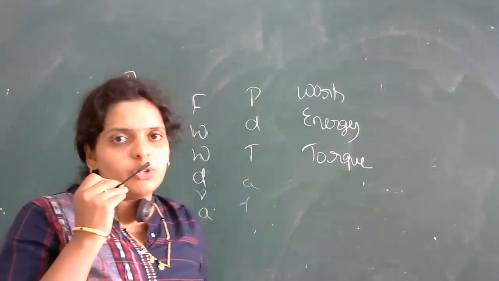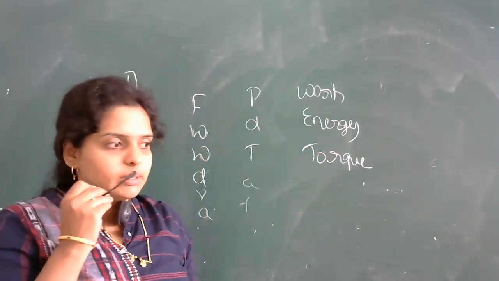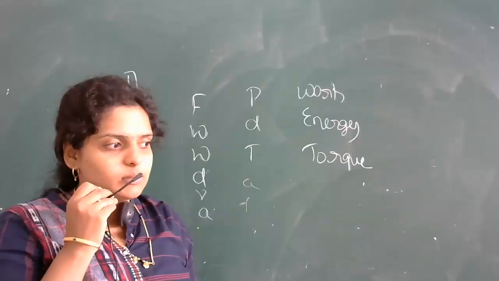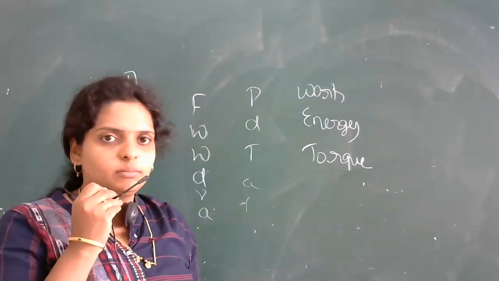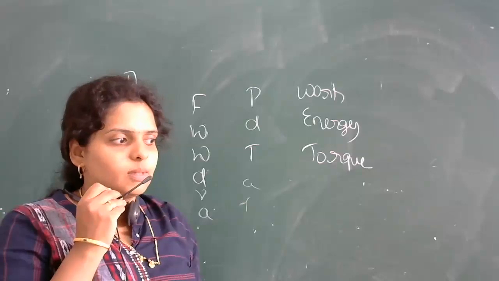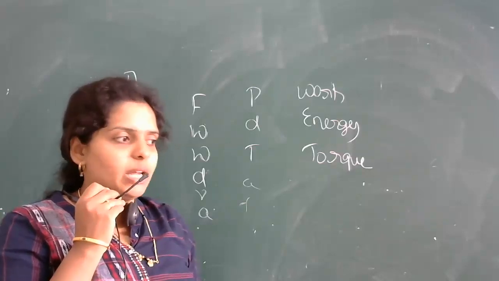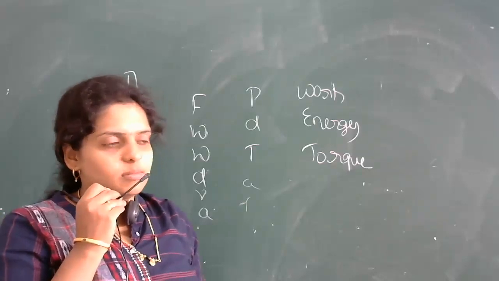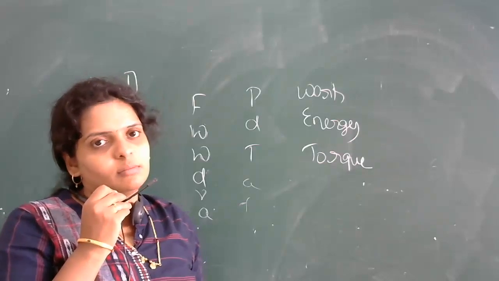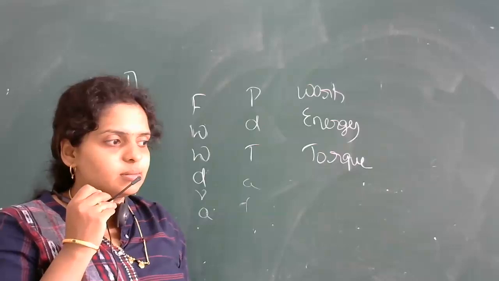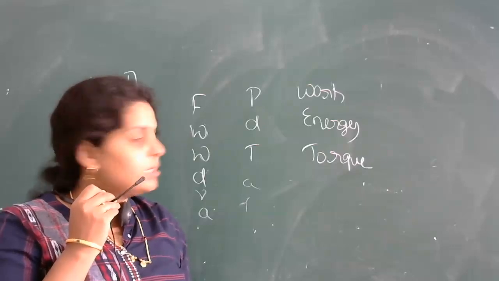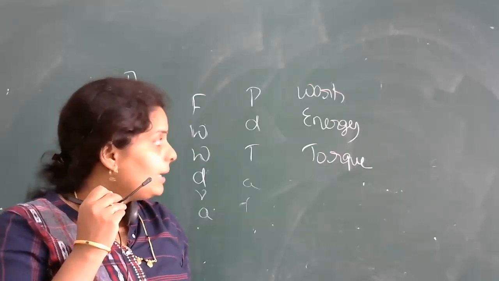What dimension formula do they have? What is the dimension formula of all three? I'll show one more example of how to derive it.